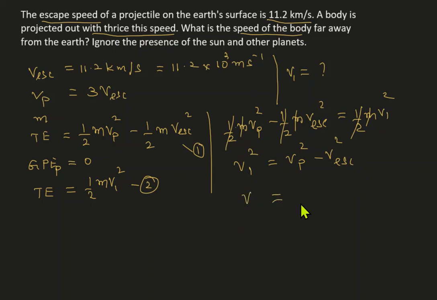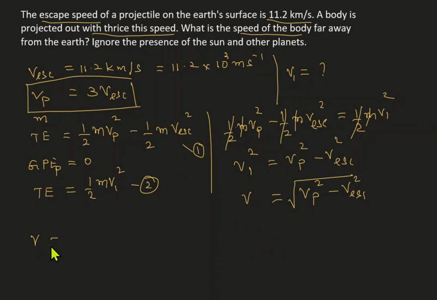So v is equal to the whole square root of vp squared minus v escape velocity squared, and we have got this relation, vp is equal to thrice the v escape. Therefore v is equal to the whole square root of, and instead of vp we can introduce this equation.